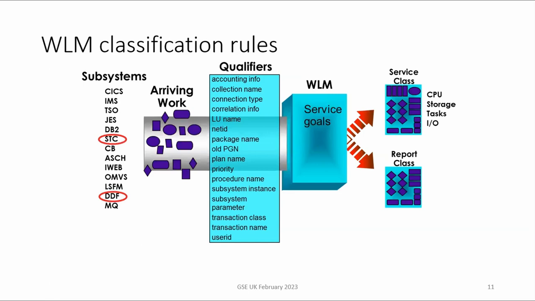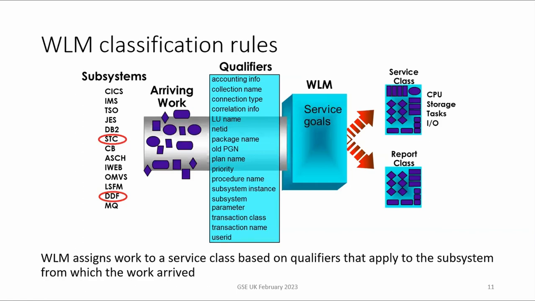So for a particular qualified work, auth ID RAD asterisk, for example, then Raider and everybody else starting with RAD is going to show up this way. Then that work will head off and execute under control of that service class and potentially be reported on separately. So WLM assigns the work based on qualifiers, and it only has qualifiers available that apply to the particular subsystem from which the work arrived. So DDF qualifiers apply to DDF, STC qualifiers apply to STC, and so on.